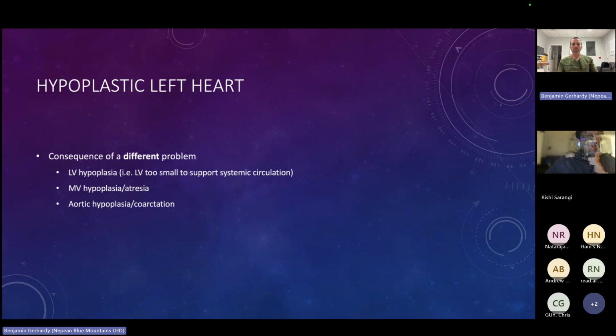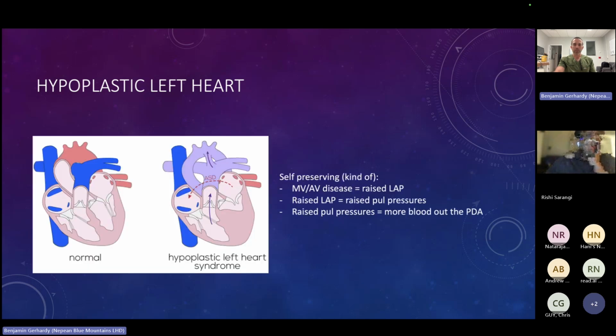So something else quite often triggers hypoplastic left heart. And if they don't have an ASD or a PDA, if they don't have a way to shunt blood around properly to overcome the fact that their LV is small and not sufficient, then it's a terminal condition if you don't repair it. But up until that point, it's a bit self-preserving in a weird way. If you've got significant mitral or aortic valve disease, that will raise your left atrial pressure.